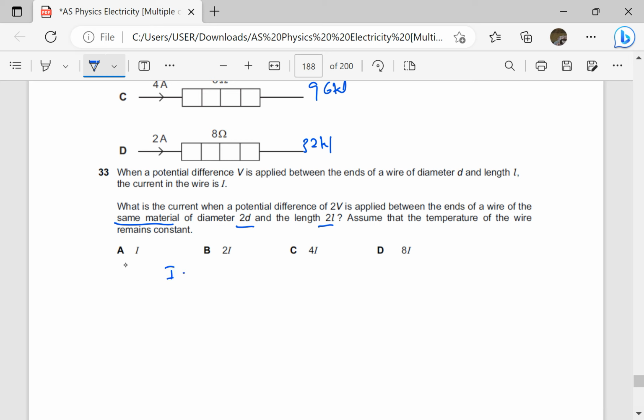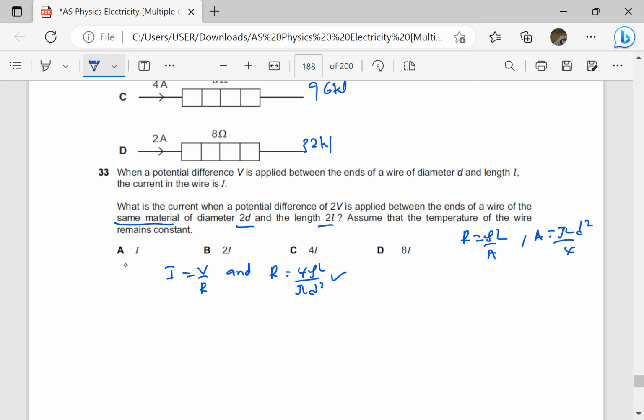So we know that current is equal to V over R, and we also know that resistance R is equal to 4 rho L divided by pi D squared, because resistance is rho L over cross-sectional area, but area is equal to pi R squared, which is the same as pi D squared over 4. That's how I come up with this expression here.